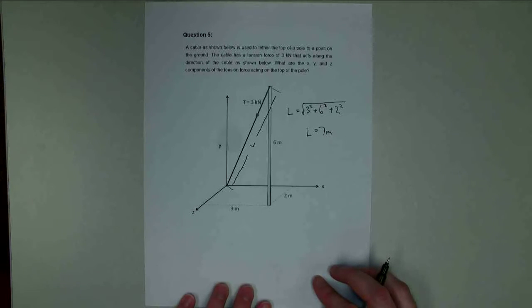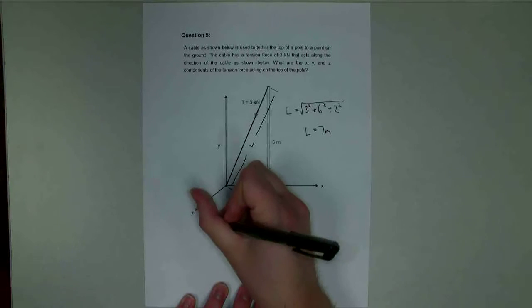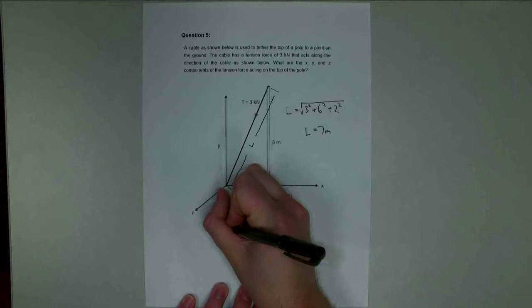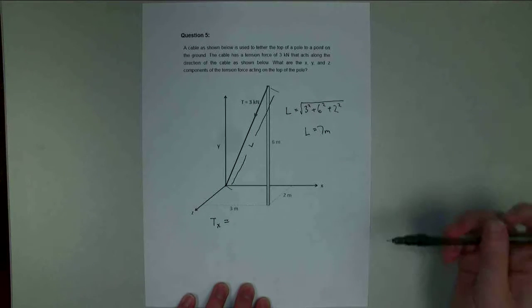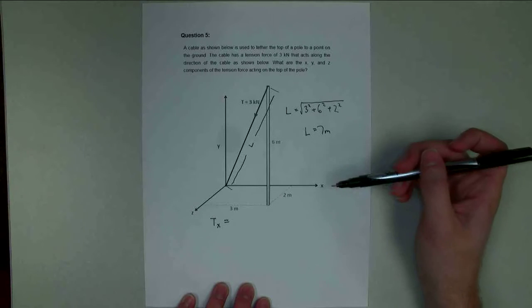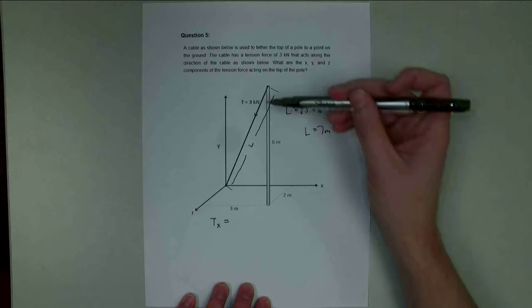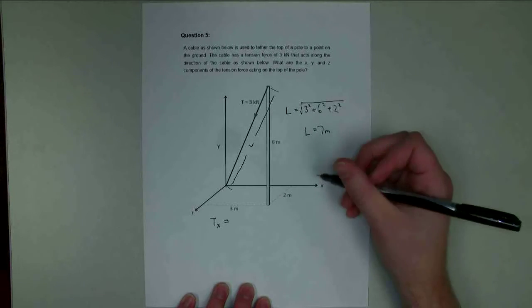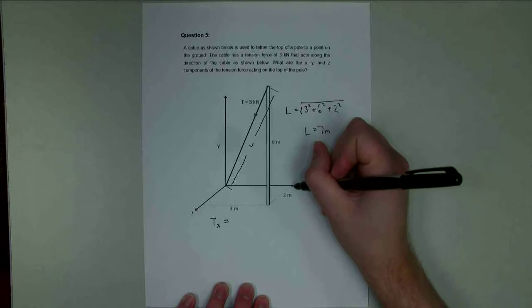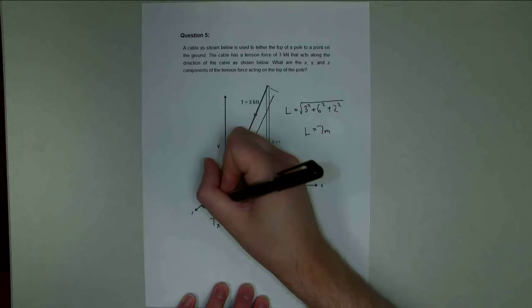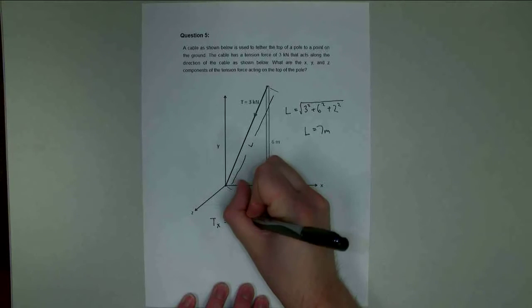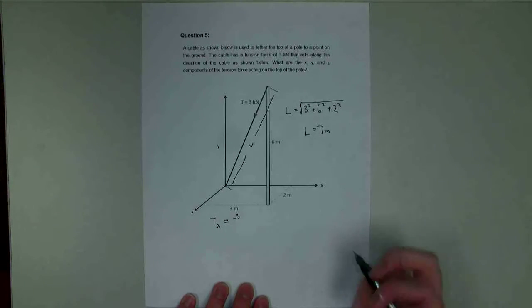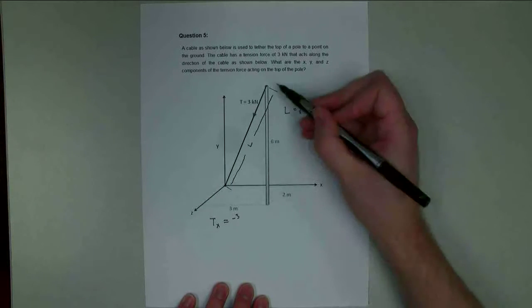So now we want to look at the tension in the x, tension in the y, and tension in the z. And so Tx is going to be equal to the ratio of the length in the x direction times the magnitude of this force. And so in the x direction, I'm going backwards 3 meters. And so I've got -3, my length in the x direction, over the total length of this cable.